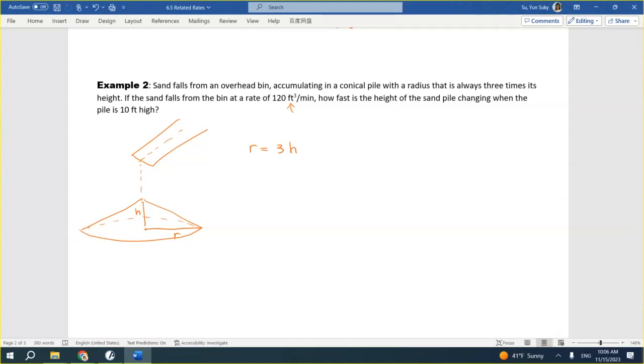Cubic feet is a volume, right? The cubic feet per minute, this is dV/dt. And your volume is increasing. Yes, everybody? You have more sand, so your volume is increasing. Therefore, dV/dt is 120.